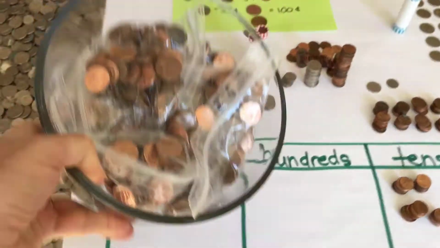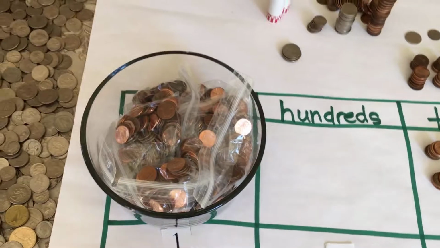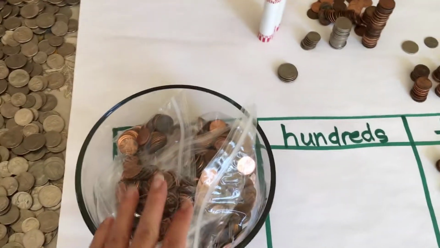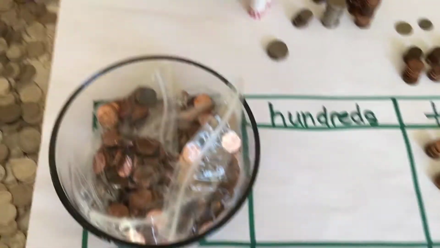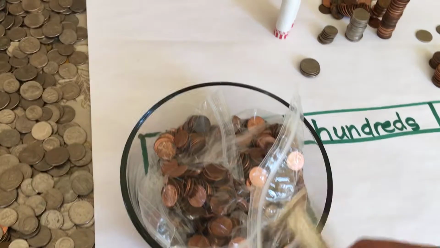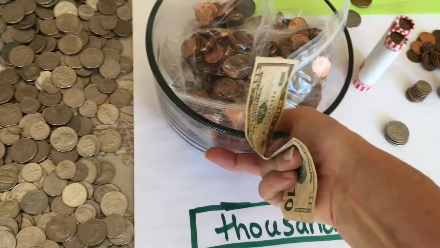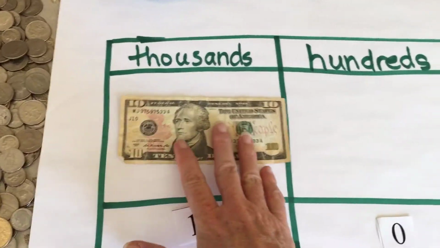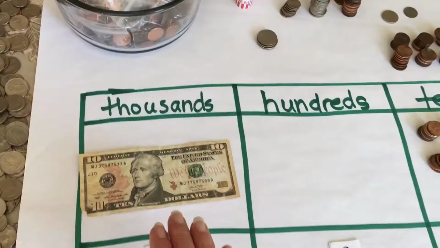Now, if I wanted to buy something for 1,047 pennies, most likely I wouldn't be going around with this. This is very heavy. So instead of having 1,000 pennies with me, I can trade those 1,000 pennies in, and instead I have my $10. $10 is 1,000 pennies.